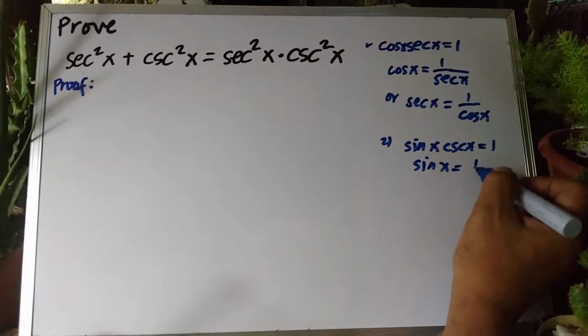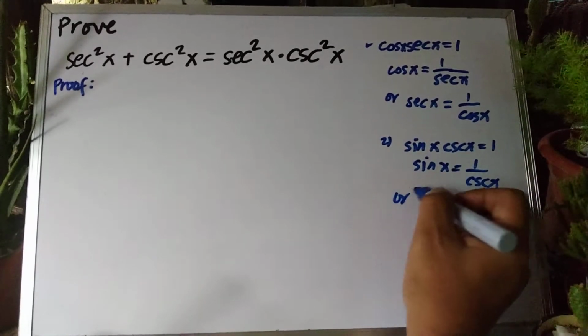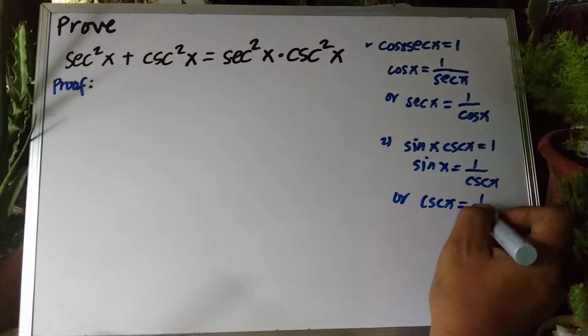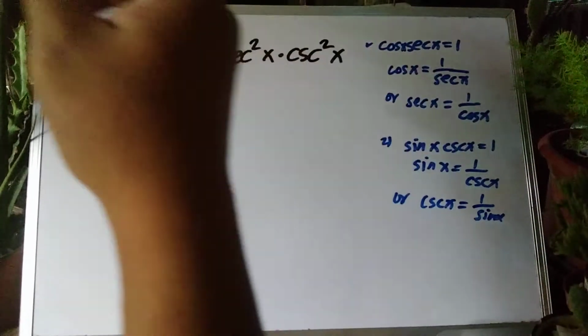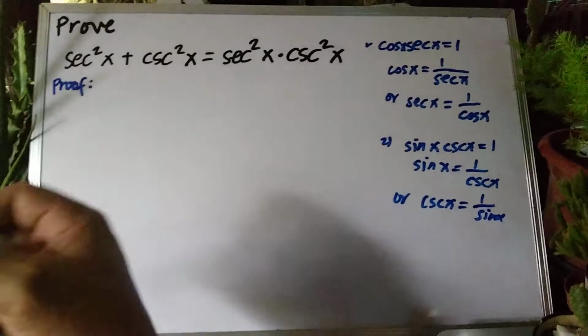So, yan ay magiging 1 over cosecant x. Or, vice versa, cosecant x is equal to 1 over sin x. Ito ay tinatawag na reciprocal identities na magagamit natin in proving trigonometric identities. Okay. So, balik tayo doon sa ating proof.